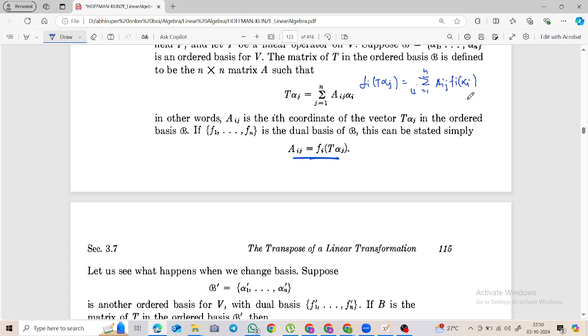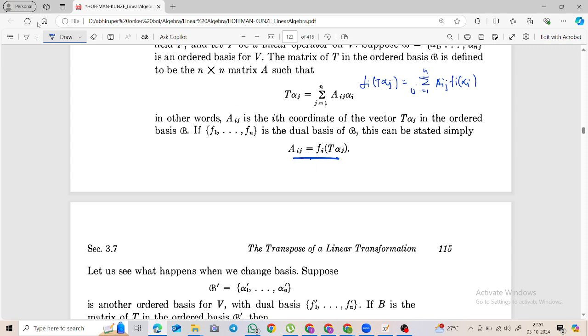No, actually this i and this i are different, I guess. There is this i, the sum is taken over i. How is that possible? I think we should change the subscript of f.